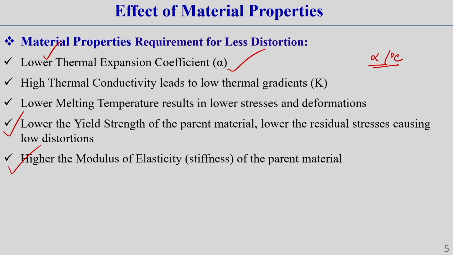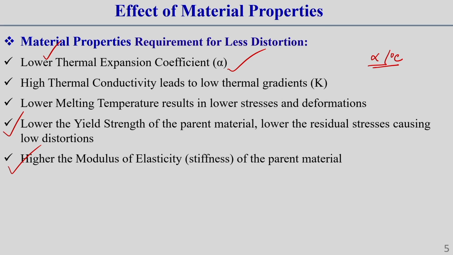So, one thing you should keep in mind: the higher the modulus of elasticity, the higher will be the stiffness of the structure, and the lesser will be the deformation, because if the structure is more stiff, the chances of deformation will also be less. So, this you should keep in mind.